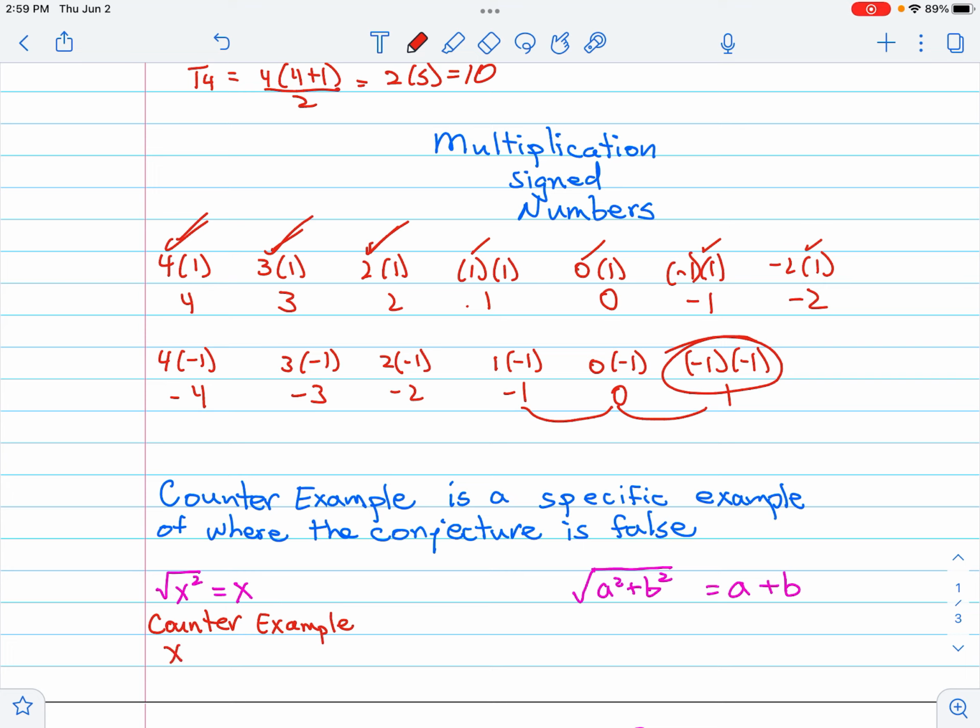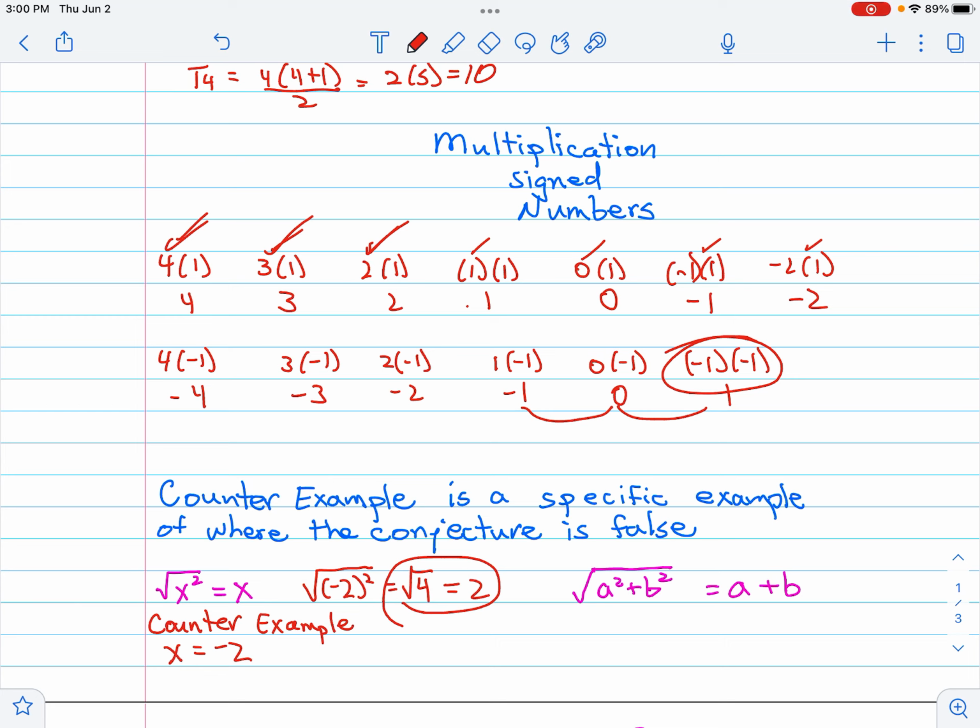Let's suppose that x is equal to -2. The square root of -2 squared is equal to the square root of 4, which is equal to 2. That's a counterexample. We use this counterexample to show it's wrong.